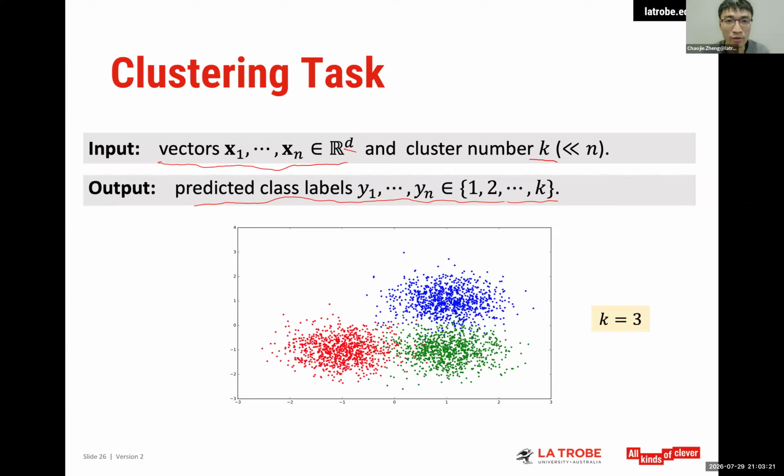So the labels can only have values from 1 to k. That's the only possible values for the output. With these labels generated, we can color the input data points into some meaningful clusters.